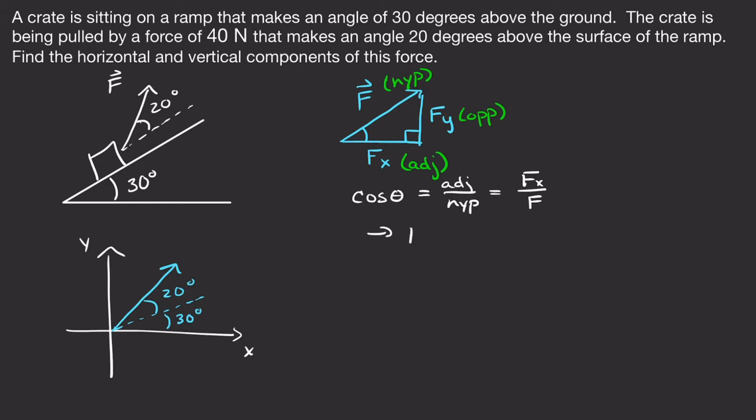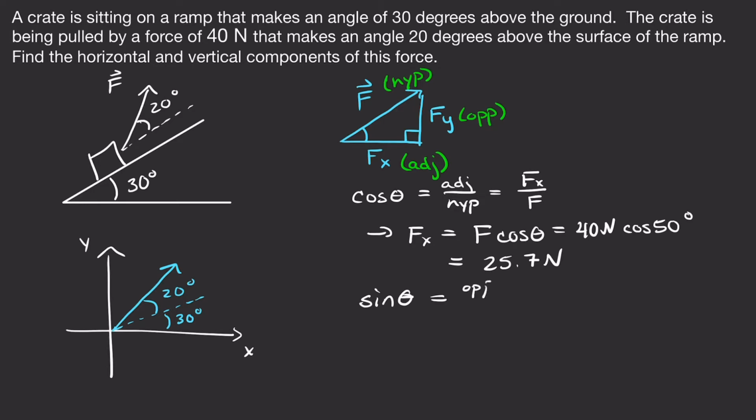This will give me the x component of the force is F cosine theta, or 40 newtons times cosine of 50 degrees. If you plug this in, you should get 25.7 newtons. You can do the same thing for sine.